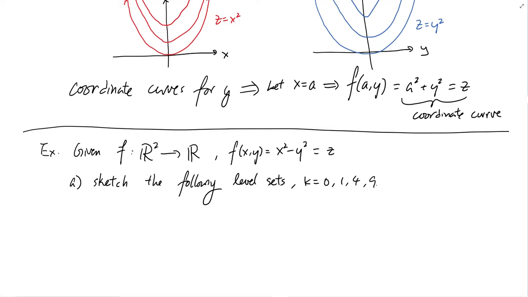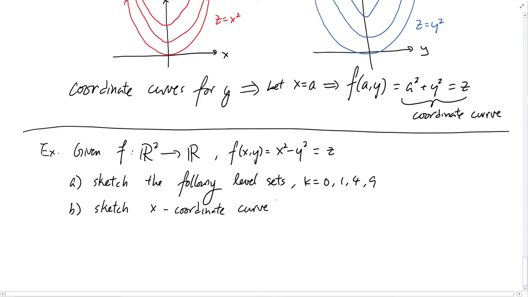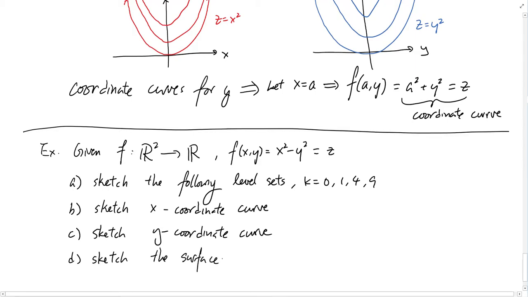B, let's sketch the x coordinate curve. And also let's sketch the y coordinate curve. And then maybe finally we can try to sketch the surface. I don't know if that's going to work, but we can definitely try.